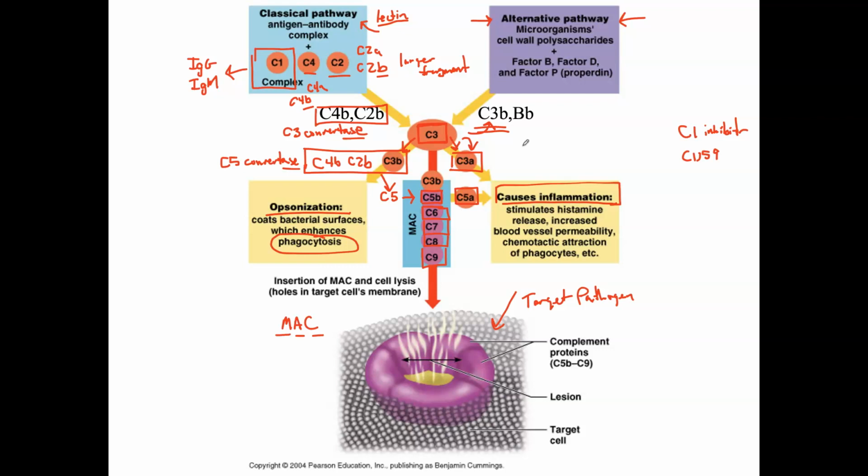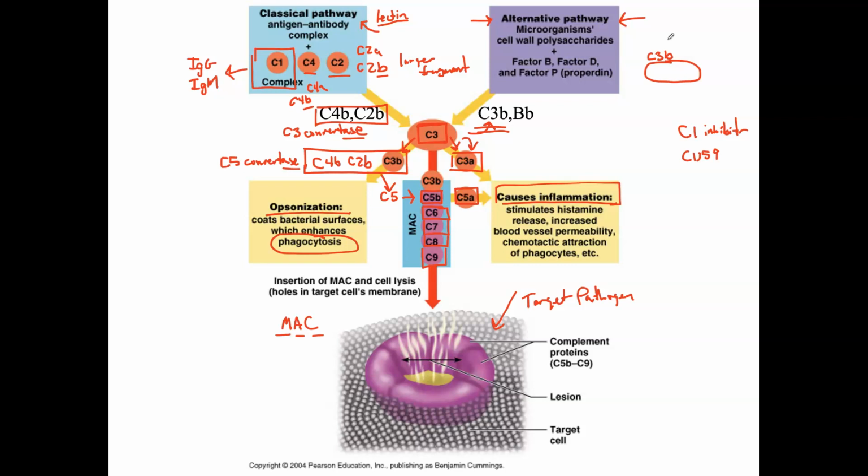So once you get spontaneous conversion of C3 into C3b and C3a, the C3b can attach to the pathogen membrane. So let's say, for example, this is the pathogen. You'll have C3b attaching to the pathogen membrane, and that's going to start this alternative pathway.